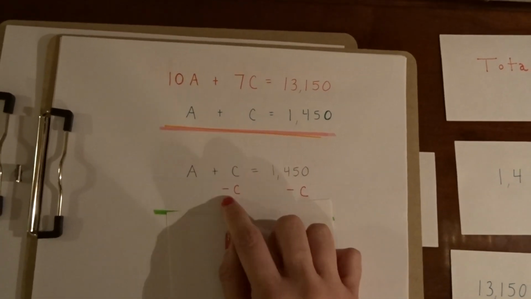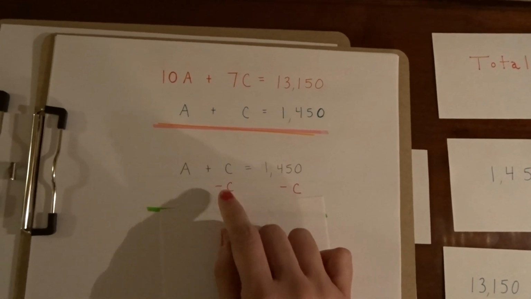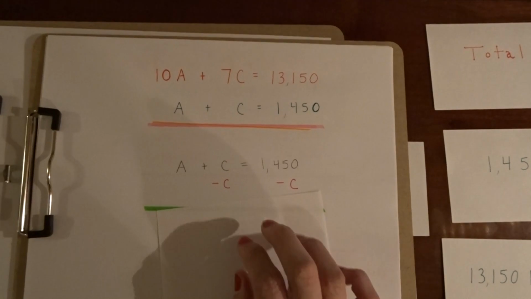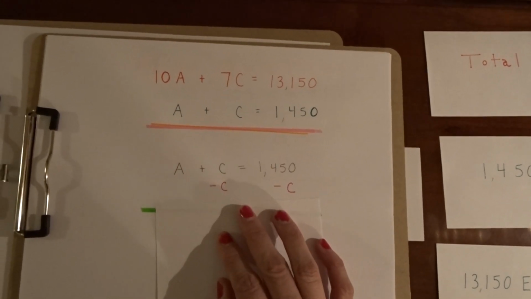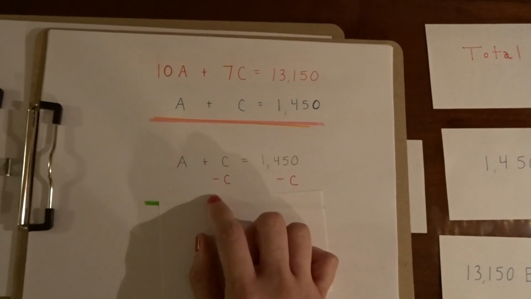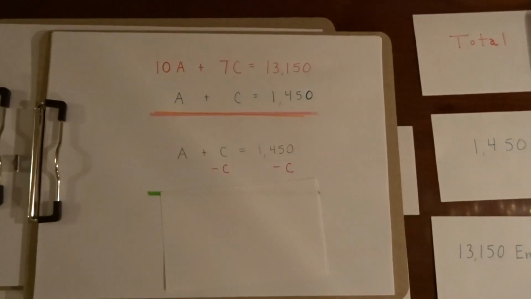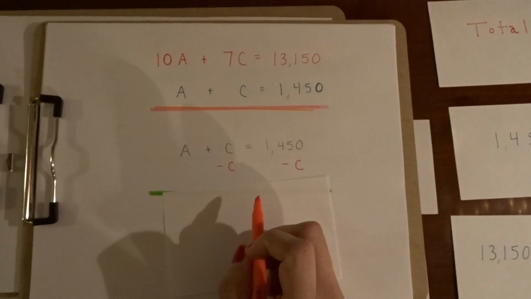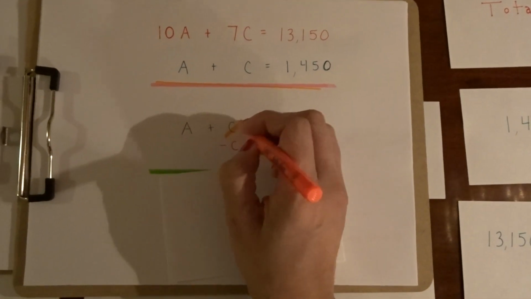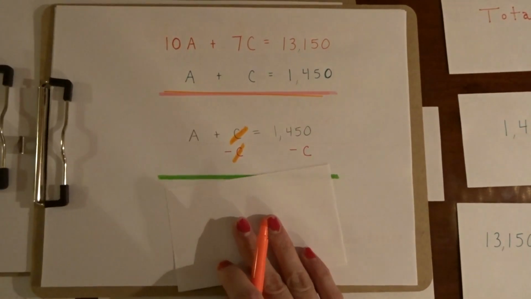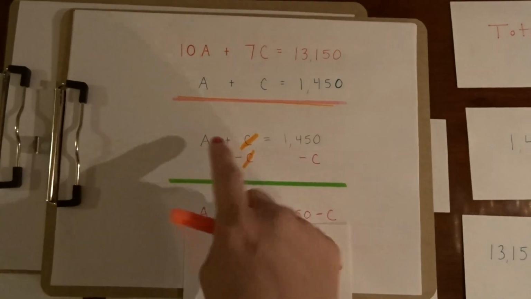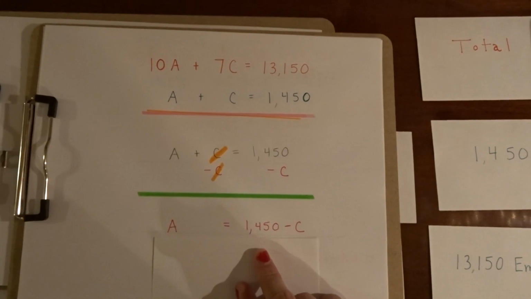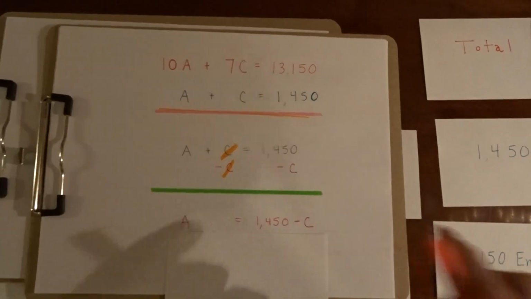So let's go ahead and subtract c on this side, and let's go ahead and subtract c on the other side of the equal sign. So what you do on one side, you also do on the other side of the equal sign. And what is going to happen to the c's? The c's are going to cancel out, and we're left with, bring down your a is equal to 1,450 minus c.